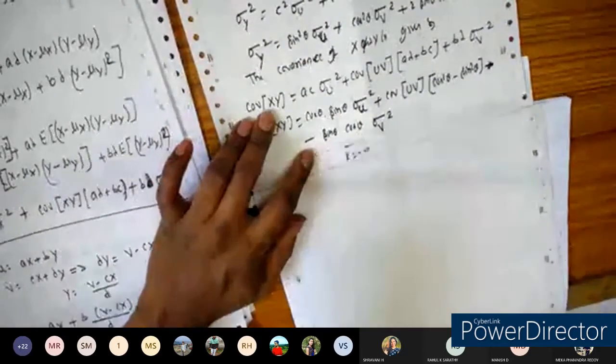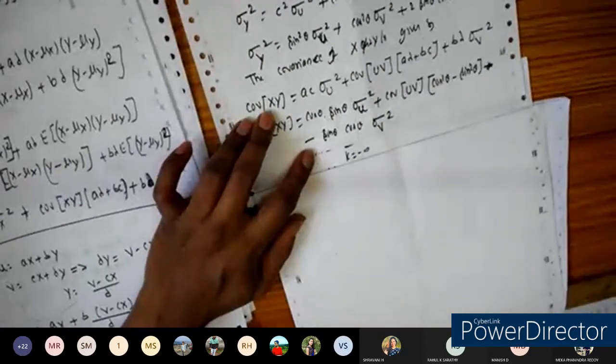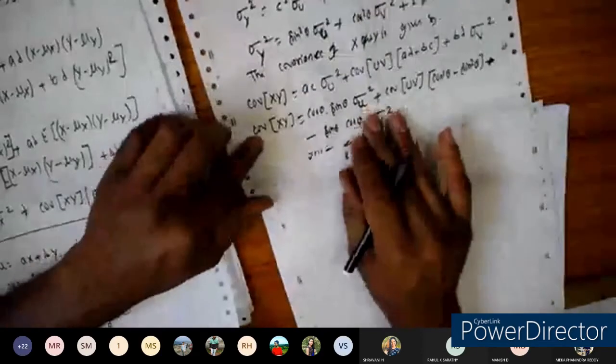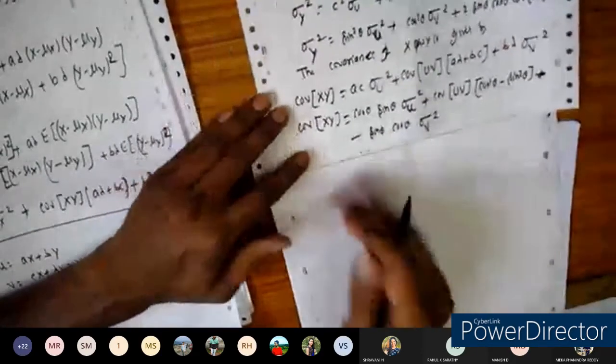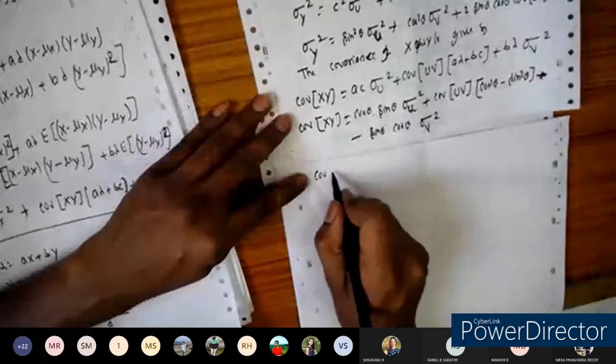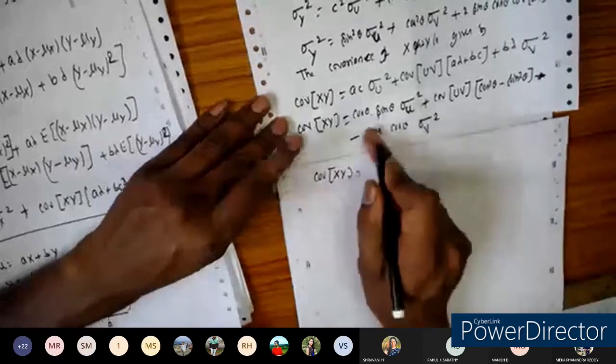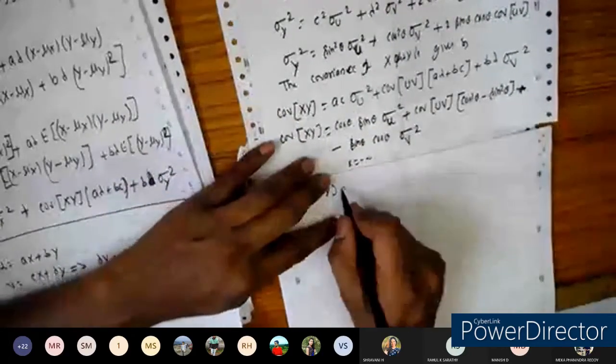So I'm going to take the covariance of x and y. Let us take cos theta sin theta common here.